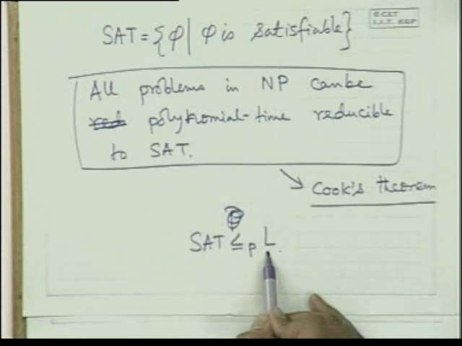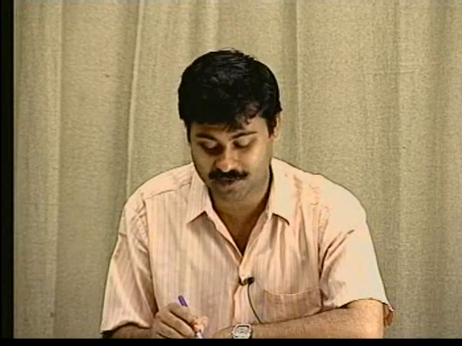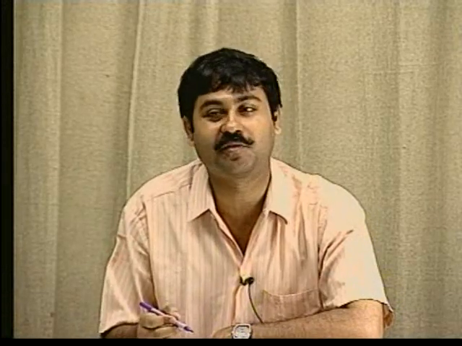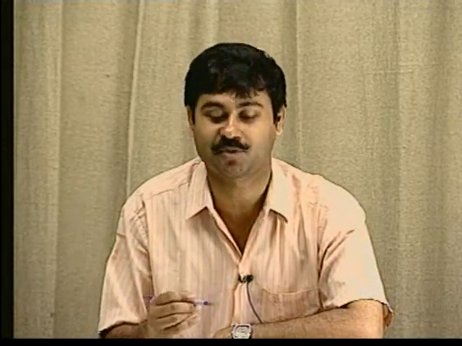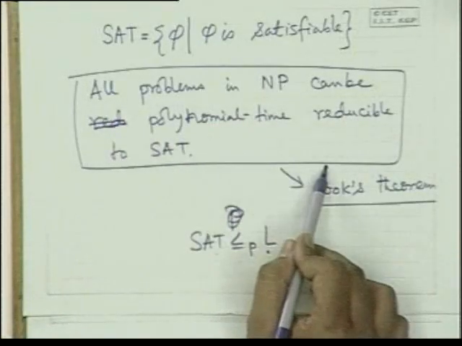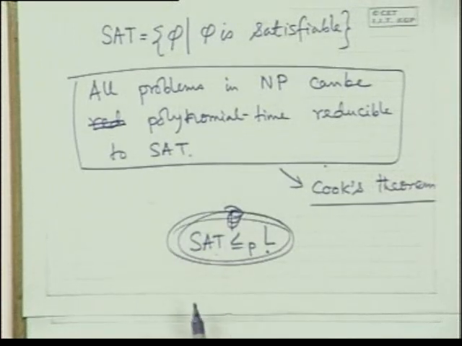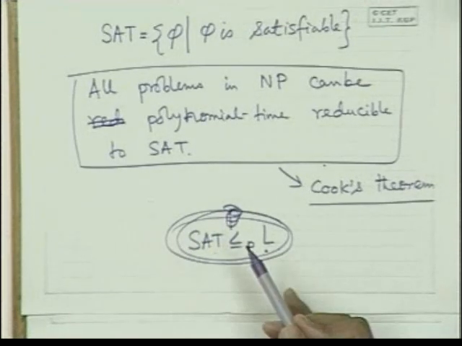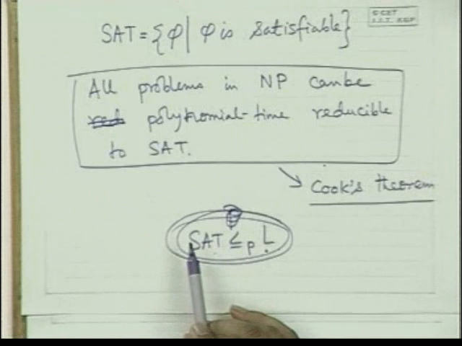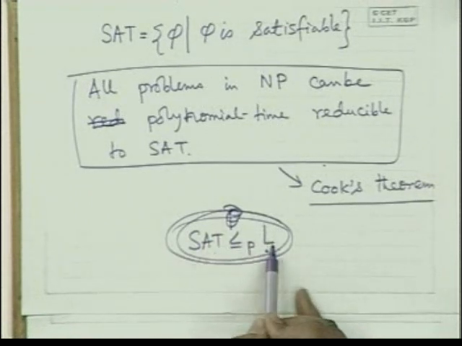Now our task of showing all the problems reducible to L is just to show that SAT is reducible to L. Our task has become easier now because somebody else has taken that harder part and has shown this. So this will be our next topic: how to show that SAT, or some known problem to which all the problems of NP are reducible, can be reduced to a given problem.